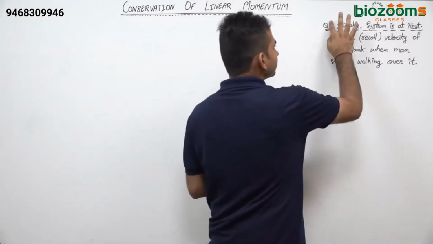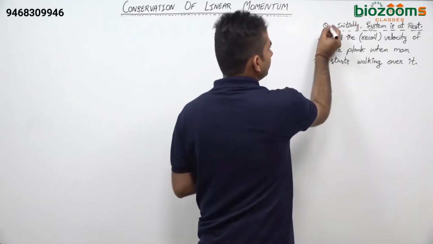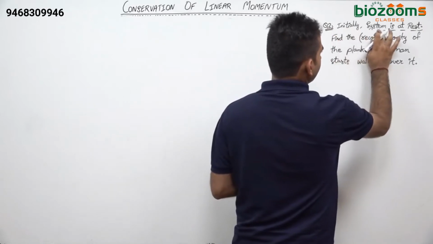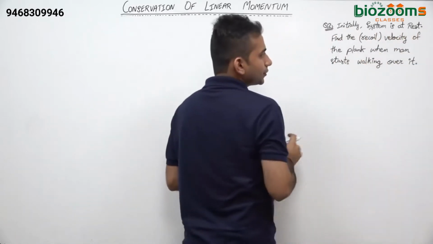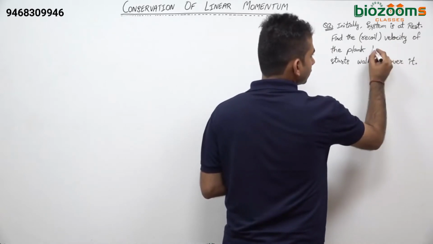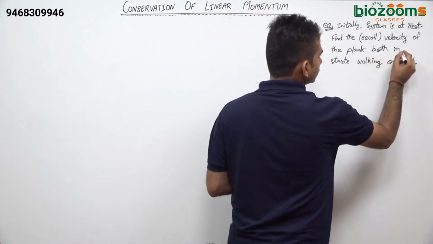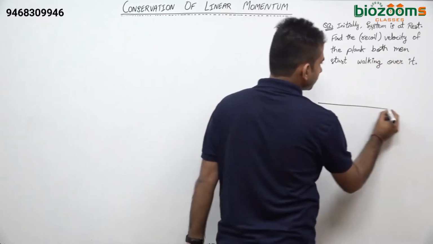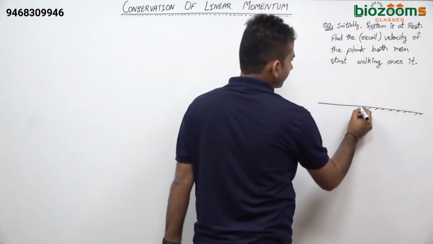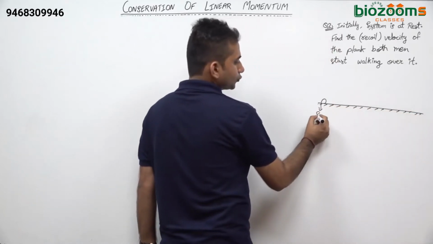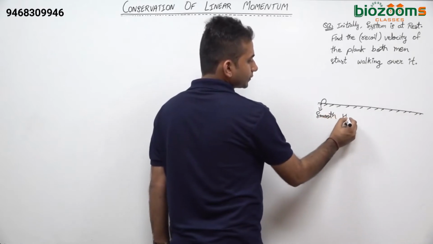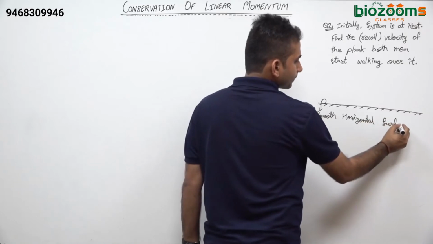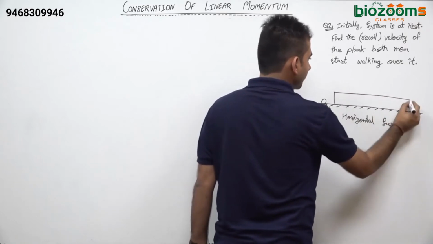Right. Now let us consider the second problem. This time initially the system is at rest, and again find the recoil velocity of the plank when both men start walking over it. Now what is the situation? Again, that's a smooth horizontal surface over which a plank of mass capital M is kept.